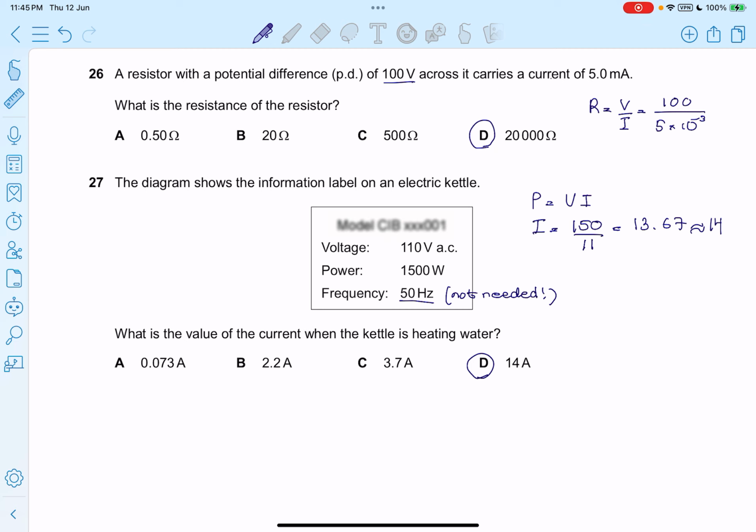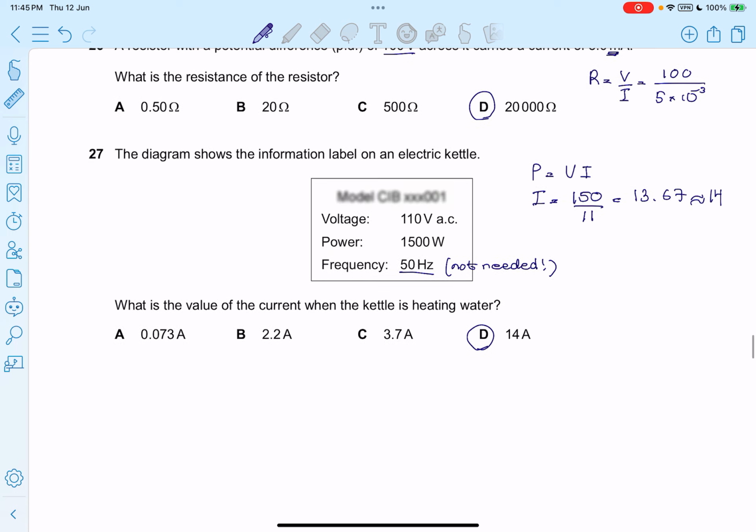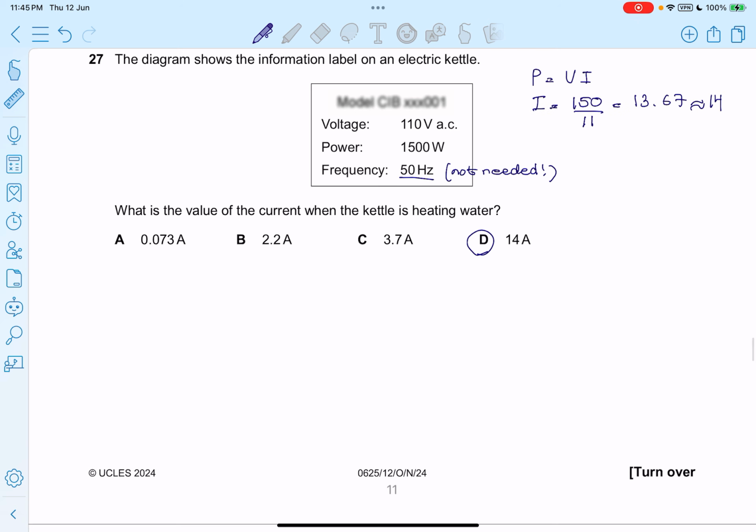But current is given in milliamps, so to convert to amps, we divide 5 by 1000. So to get R, we divide 100 by 5 over 1000, and you get D, 20,000 ohms. 26 is D.